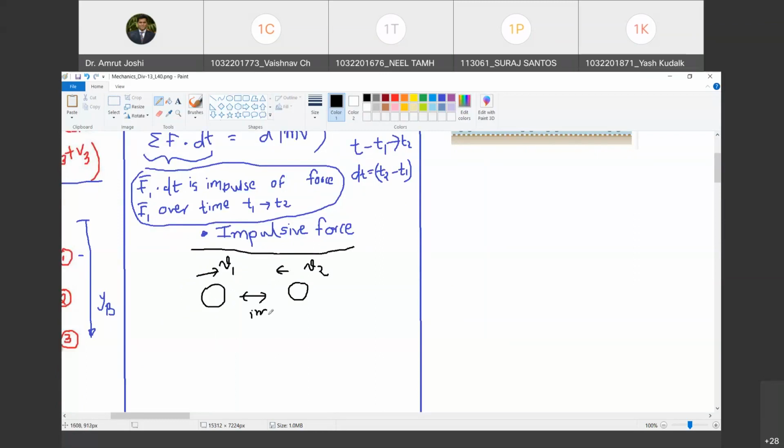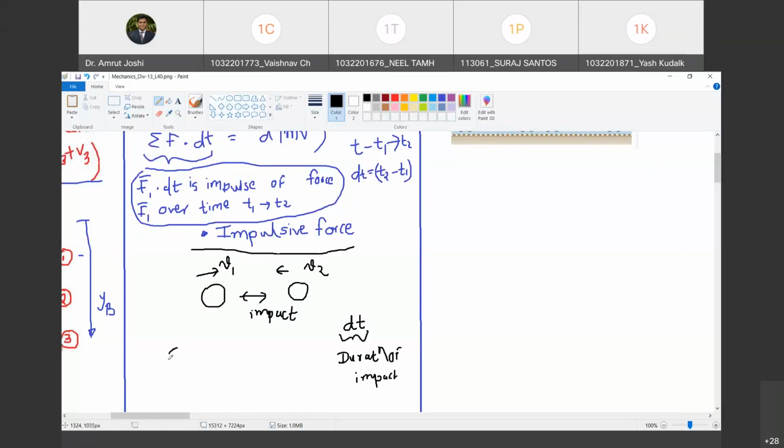During this impact, the bodies were in contact for a very small duration of time. Let me say that time is dt. dt is the time of impact or duration of the impact.